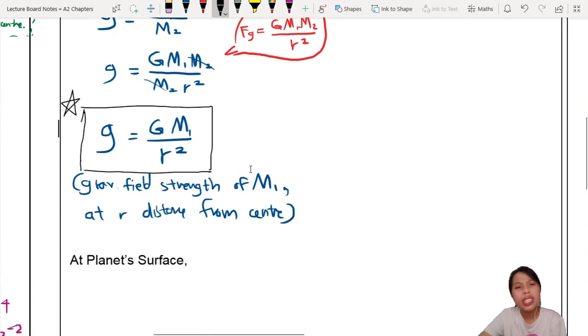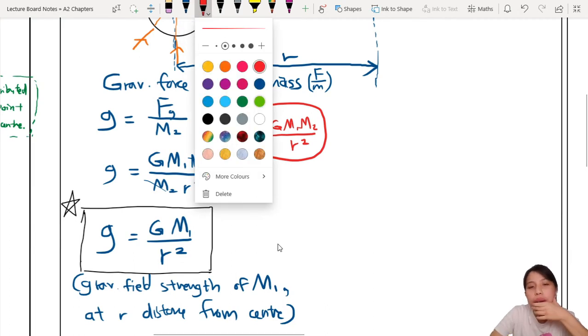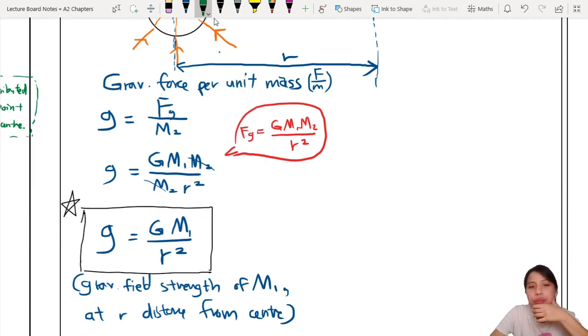Also, what is the unit of this thing? Interesting thoughts. Let's think about it a little bit. Before that, we used force divided by mass. So this one should be Newton divided by kg. So that's our unit. But Newton divided by kg has another equivalent.